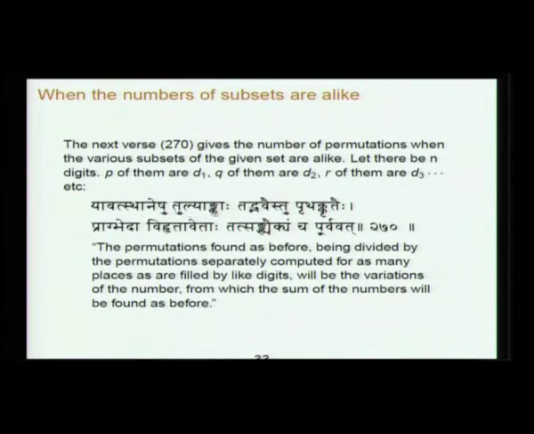Yavat sthaneshu tulyankaha tad bhavaistu prutak krutaihi pragbeda vikruta vetaha tat sankhaikyam cha purvavat. The permutations found as before, being divided by the permutation separately computed for as many places as are filled by like digits, will be the variations of the number from which the sum of the numbers will be found as before.